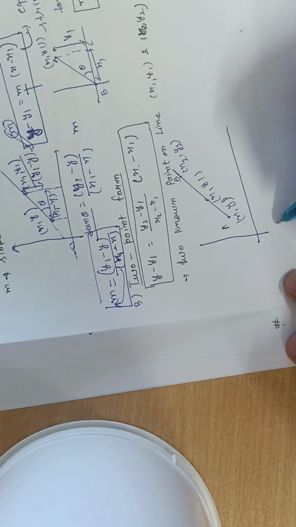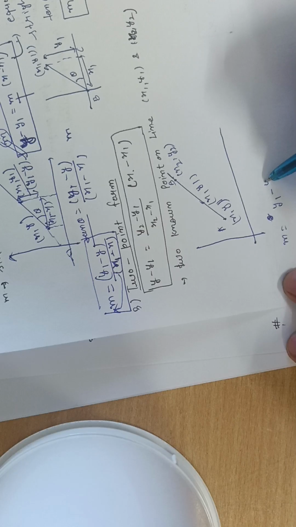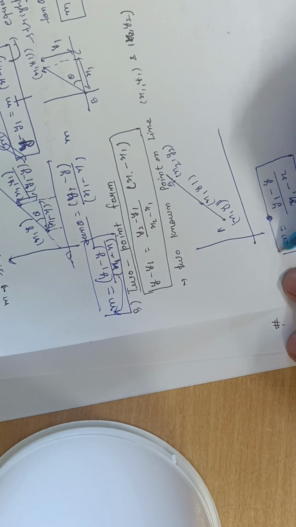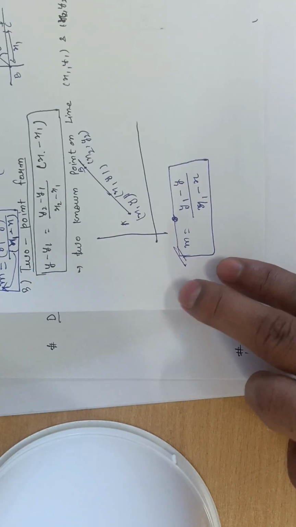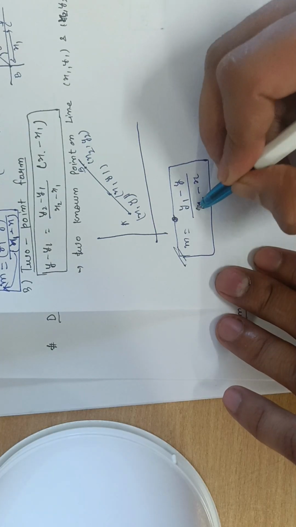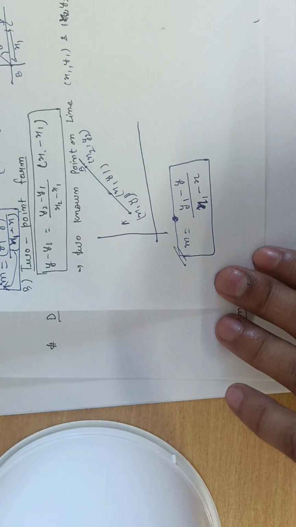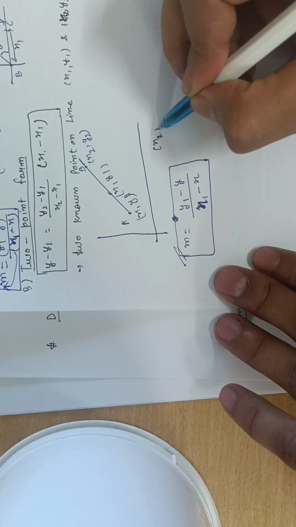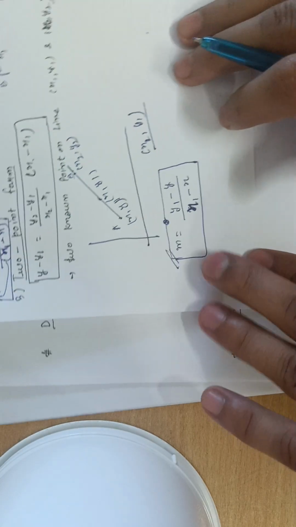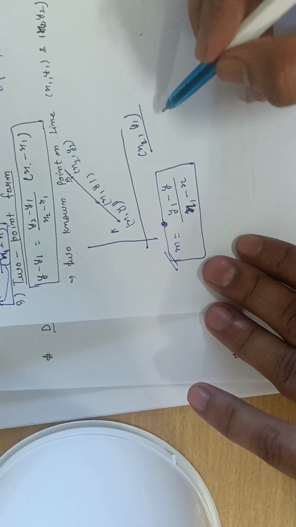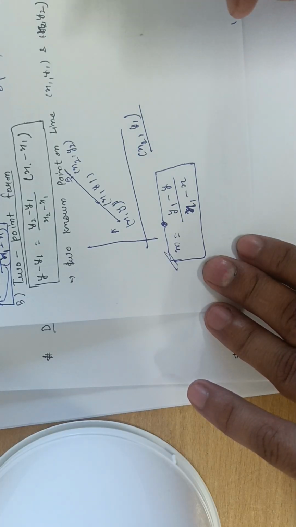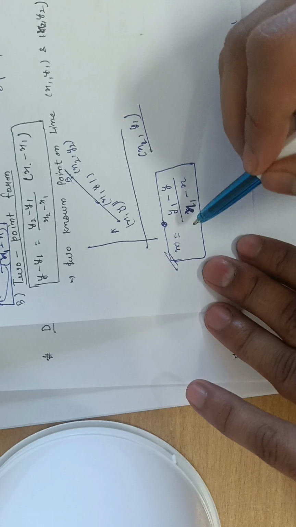Slope is equal to y2 minus y1 divided by x2 minus x1, as we saw previously for determining the slope. Now we have a slope and we have another point x2 comma y2. We now use the point slope form, because we have a point and we have a slope.